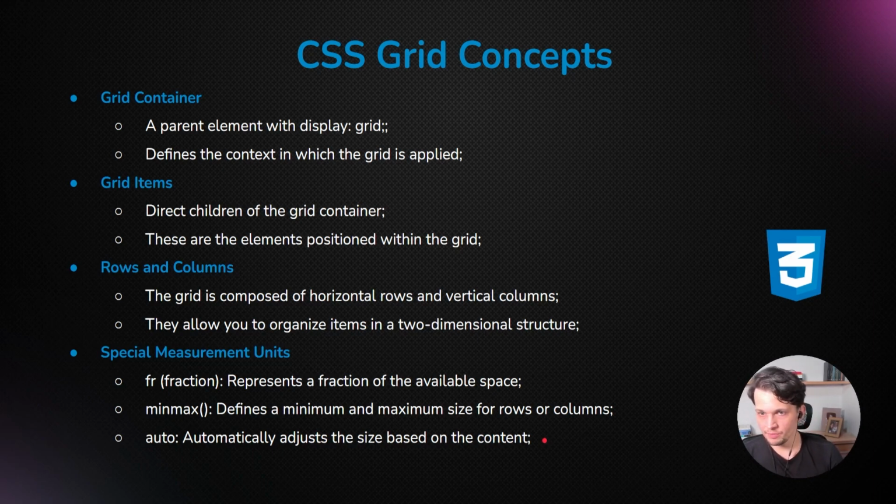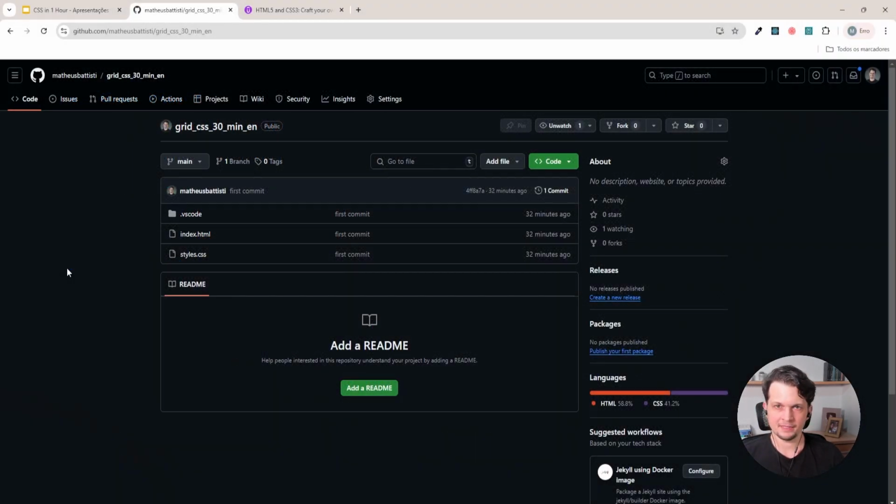So now we're ready for the practice, and let's go to the editor. And to help us to just work with CSS, I have this repository, okay, with the starting code, our template for this class. So you can download it, the link is down below in the description.